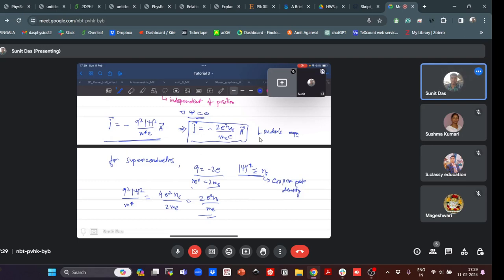Okay, so from this London's equation, we can have a very nice understanding about the temperature dependence of the penetration depth, which we essentially calculate from London's equation.